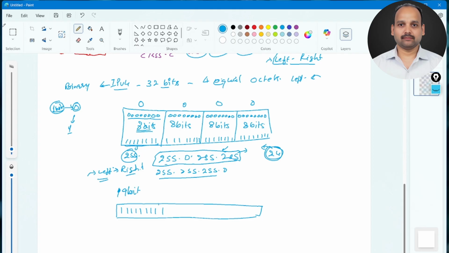So this is the 8 bits, and the rest will be 1 bit in the next octet, then zeros. So this is the valid subnet.